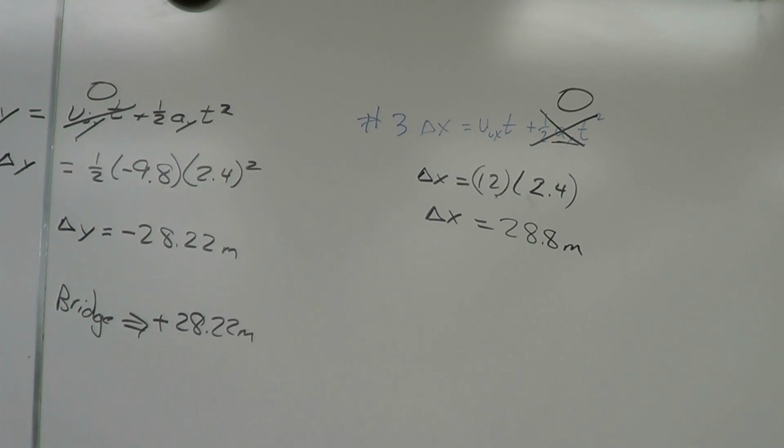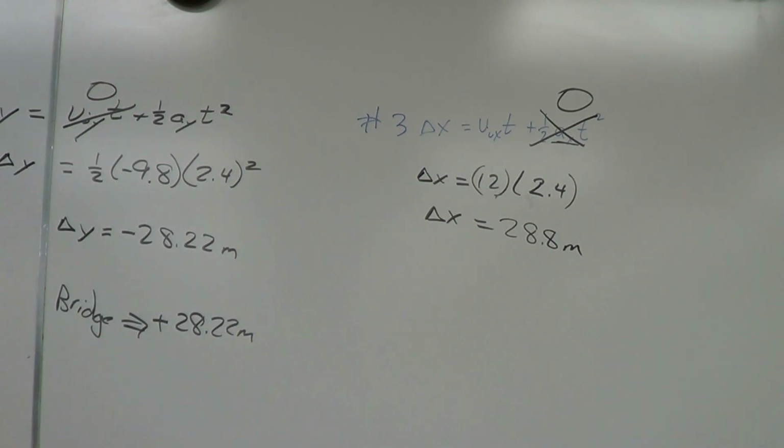The height of my bridge is still 28.22 meters tall. Does that change the amount of time it takes to hit the ground? If she kicks it harder, will it reach the ground faster, slower, or the same as when she kicked it at 12?